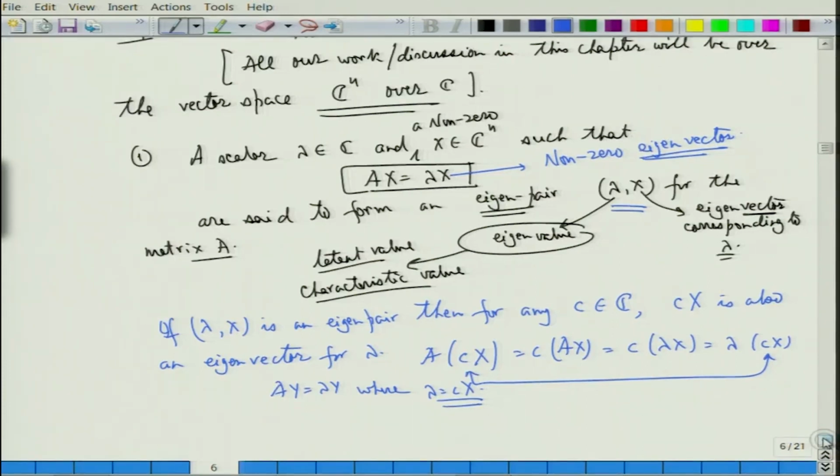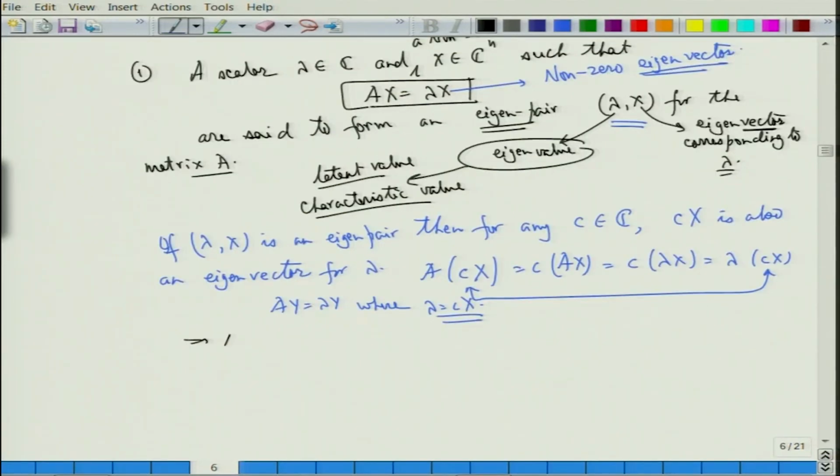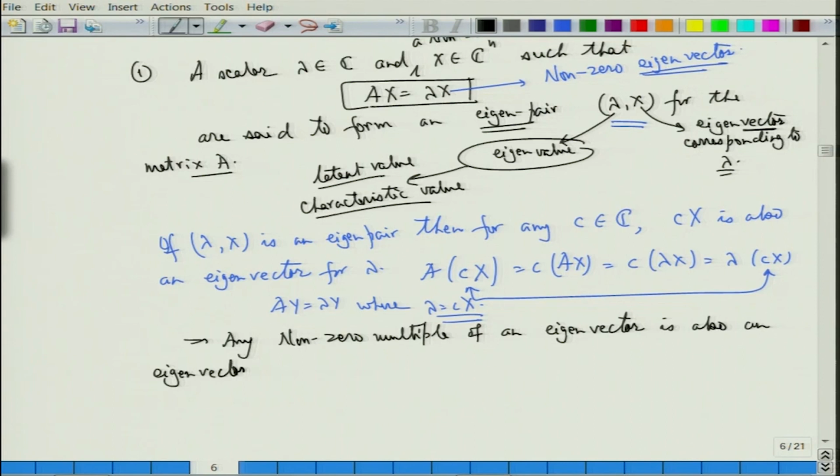So what it means is that any non-zero multiple of an eigenvector is also an eigenvector, fine.